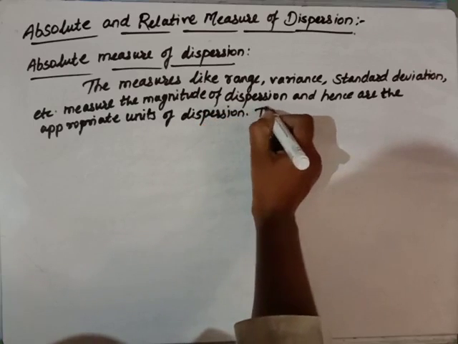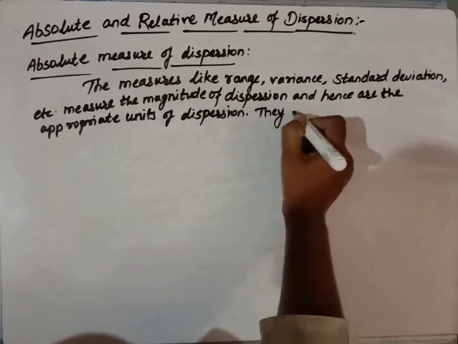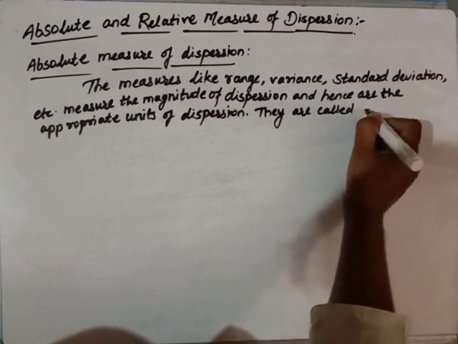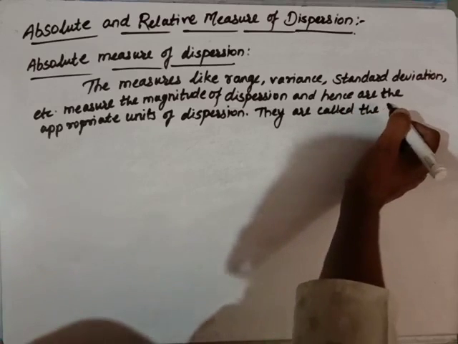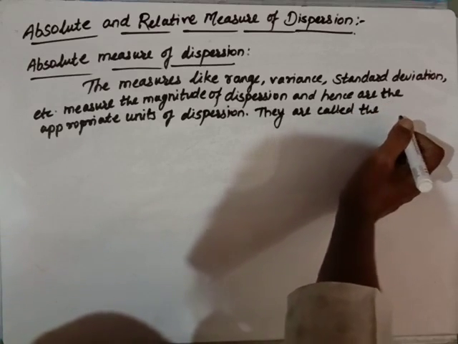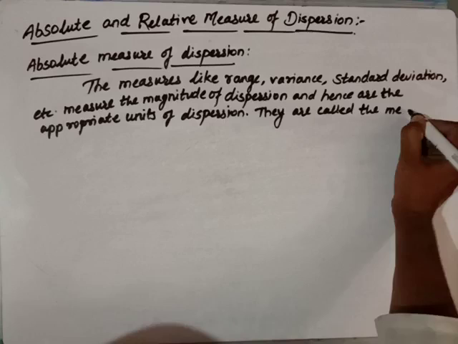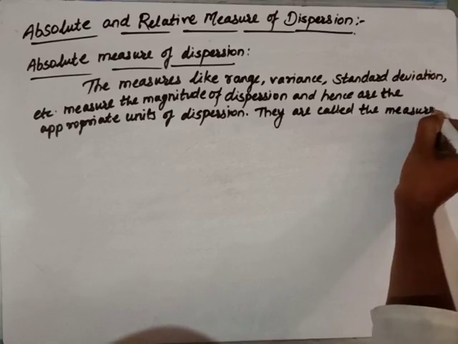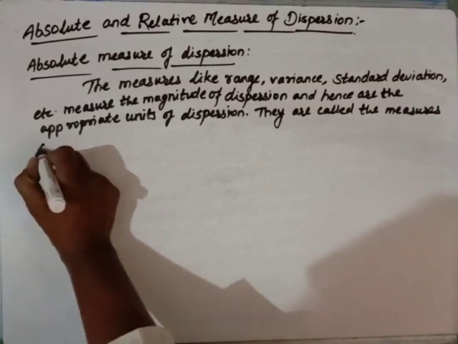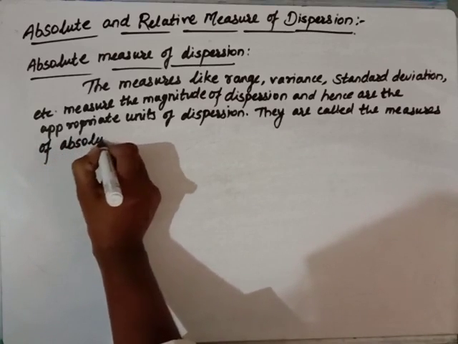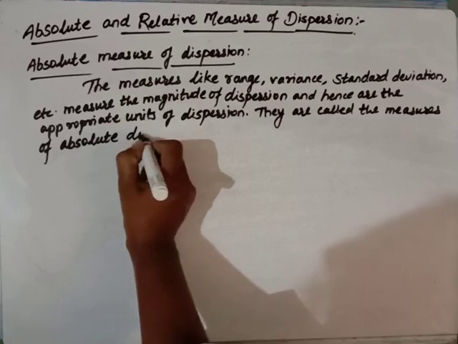They are called the measures of absolute dispersion.